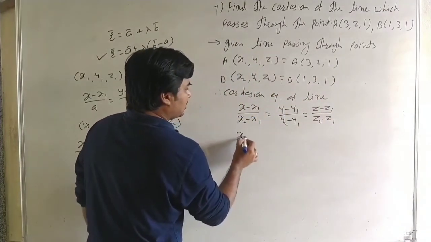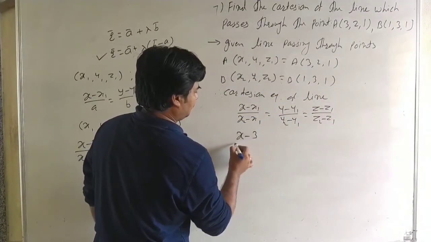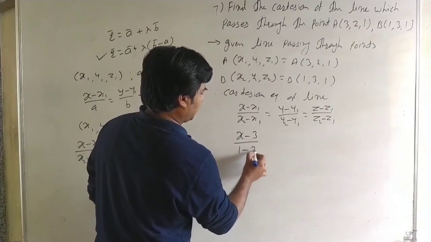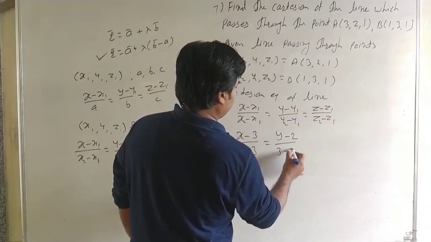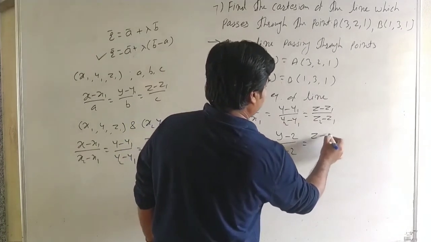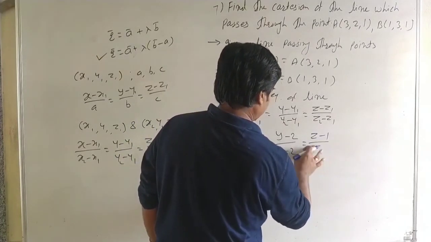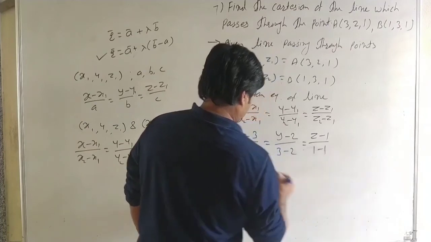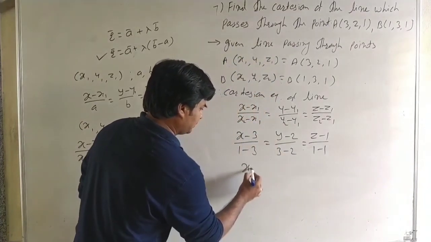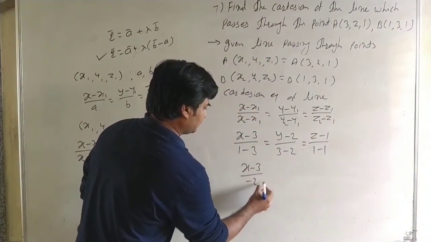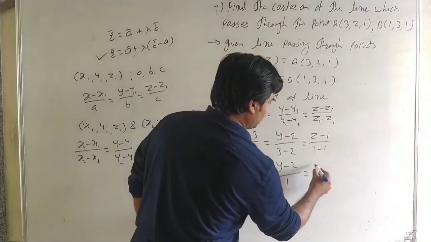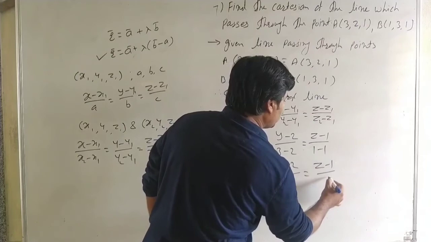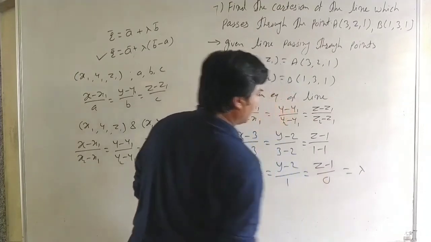Therefore, x minus x1 upon 1 minus 3, y minus y1 upon 3 minus 2, and z minus z1 upon 1 minus 1. Again same here, y minus 2 upon 1 and z minus 1 upon 0 is equal to, suppose, lambda.